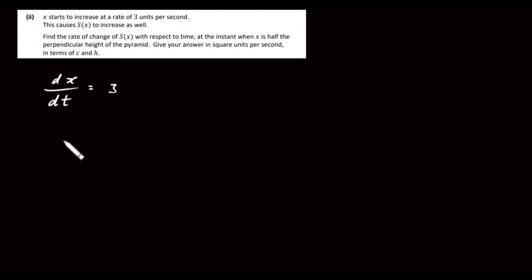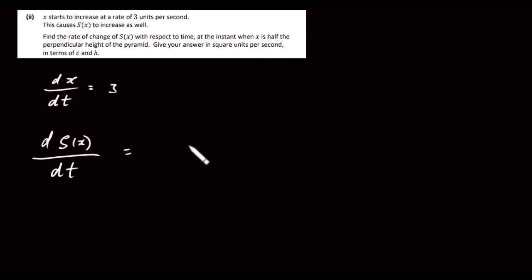So we want ds(x)/dt. That's what we're looking for. That's this part of the sentence here. Find the rate of change of s of x with respect to time at the instant when x is half the perpendicular height of the pyramid. Give your answer in square units per second in terms of c and h.